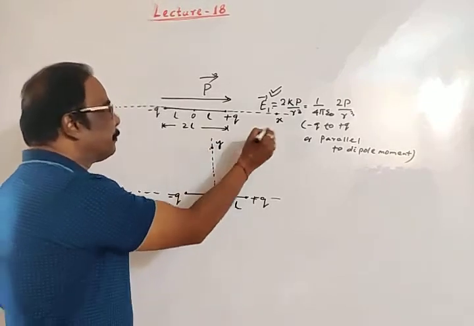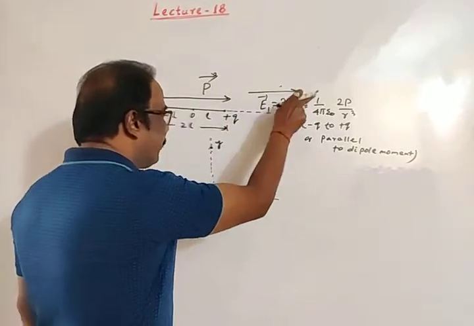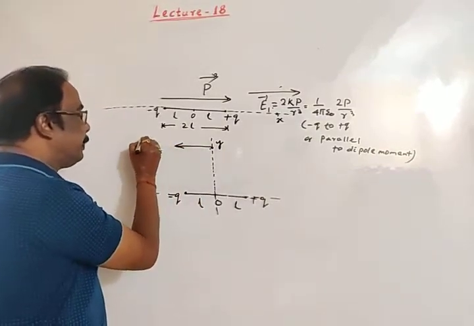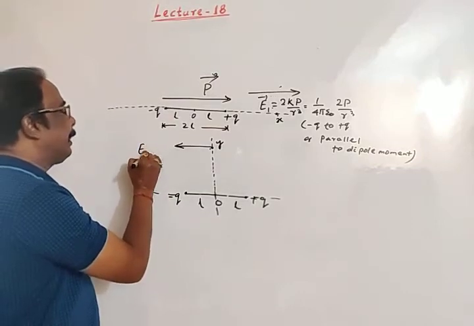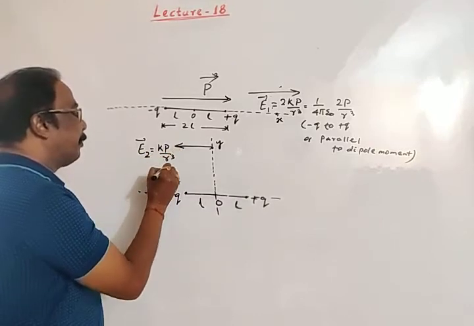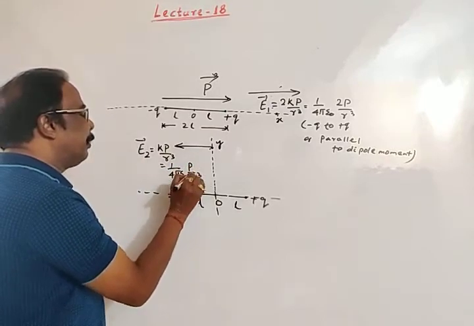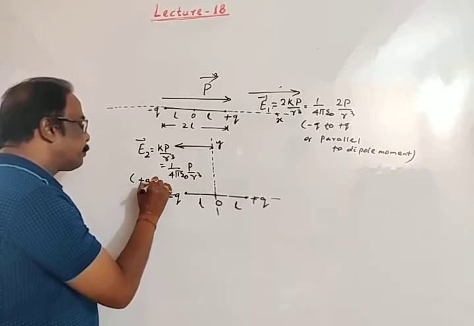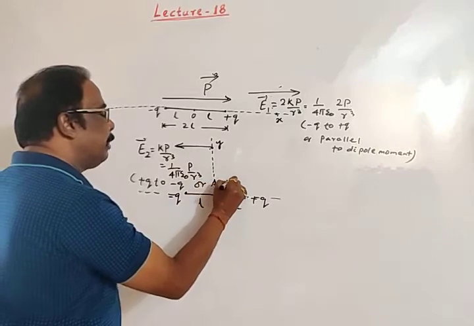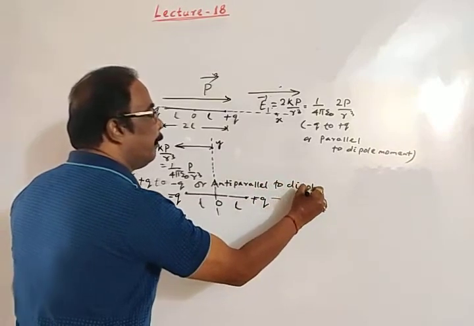The direction of electric field intensity at the end-on position is parallel to the dipole moment, but here the direction is anti-parallel to the dipole moment. For an ideal electric dipole, let the electric field intensity be E2, and E2 is found to be kp by r cube, where k is 1 divided by 4 pi epsilon naught, p by r cube, and its direction is from plus q to minus q, or anti-parallel to the dipole moment.